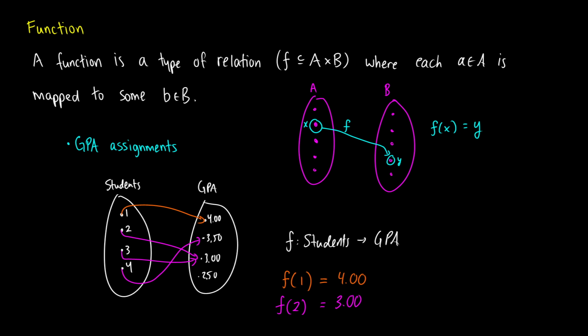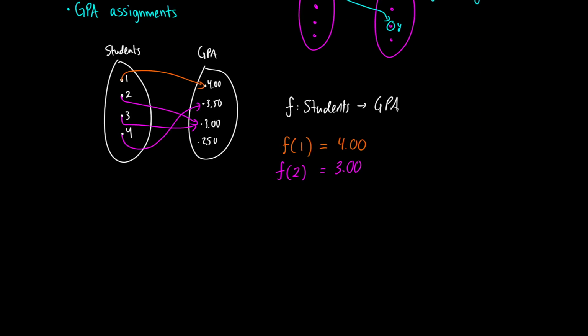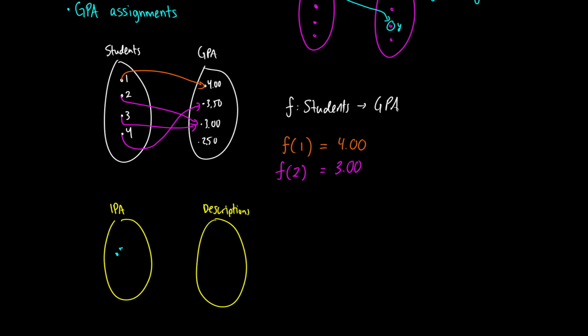We could also think of a function being like from IPA sounds. So you can think of IPA characters, and then you could think of sound descriptions. So, for example, imagine we have an IPA character like p.